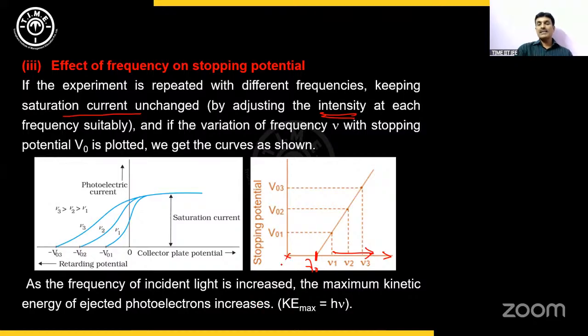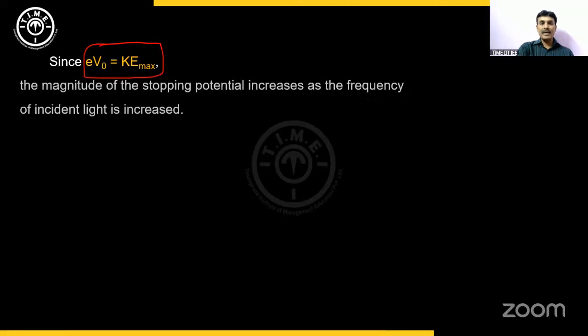And with the increase in kinetic energy, the stopping potential is also going to increase. Stopping potential increases with increase in frequency. From the work energy theorem, if the stopping potential is V0, then the work done is eV0, which is equal to the change in kinetic energy. eV0 is equal to the maximum kinetic energy.